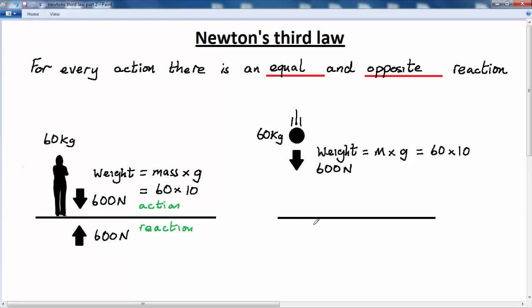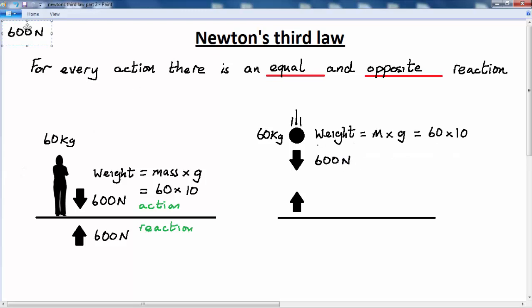At the same time as the Earth is pulling the cannonball towards it with a force of 600 newtons, the cannonball pulls on the Earth with an equal but opposite force. So we have 600 newtons acting downwards and an equal but opposite force pulling the Earth towards the cannonball.